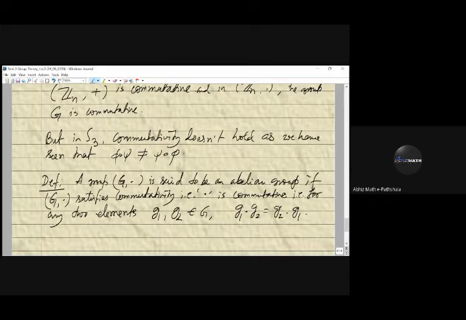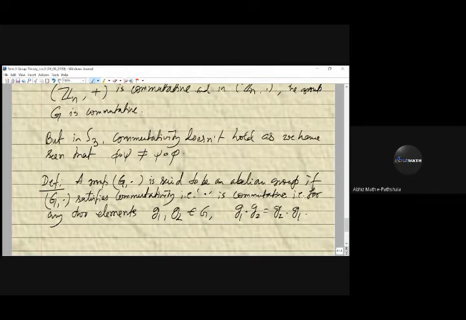And you have already seen some examples of groups in which commutativity holds, such as Z plus, Z minus 0 dot, Zn plus, and in Zn dot you have G is a commutative Abelian group. And also you have seen some non-Abelian groups, which is S3.